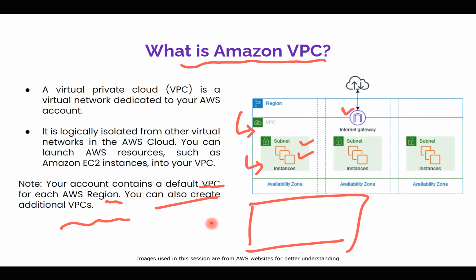If you are having access to one region, region 1, you can have multiple VPCs also, and within a VPC we can use multiple availability zones. So it all depends on our requirement. If you are looking for high availability, scalability, or a disaster recovery solution, you can launch your services accordingly.